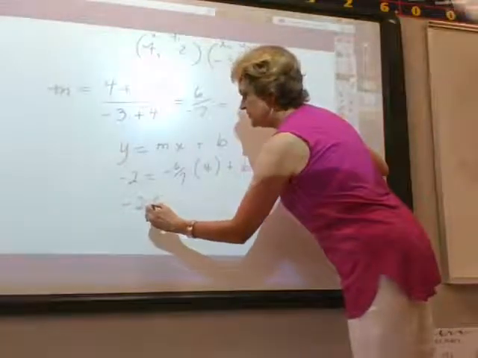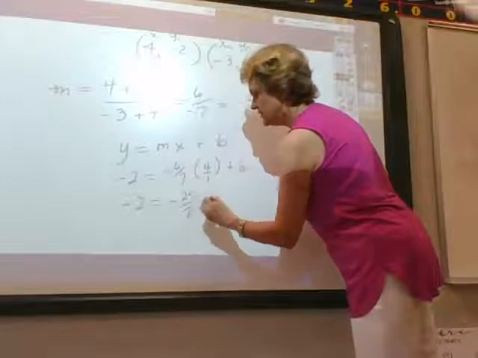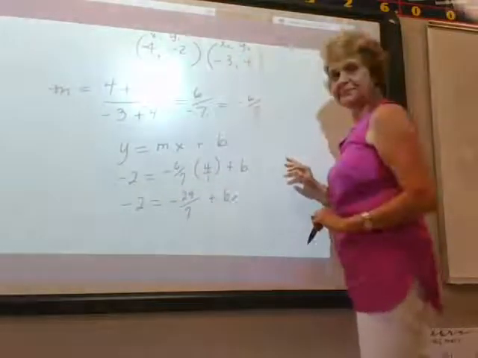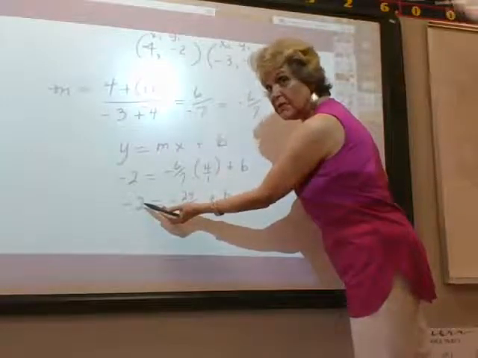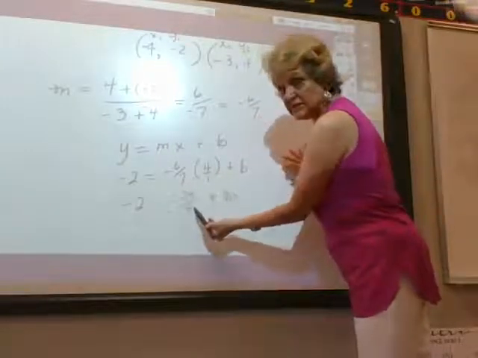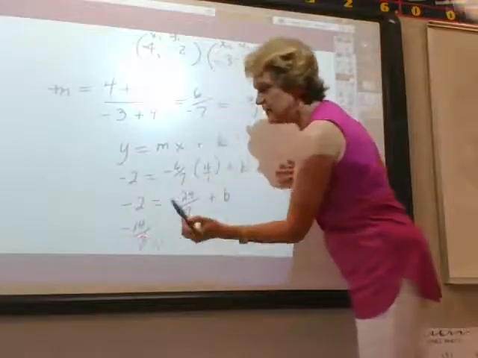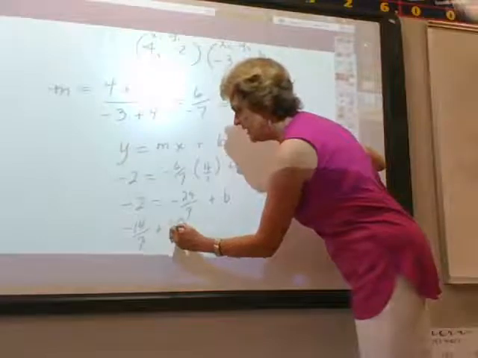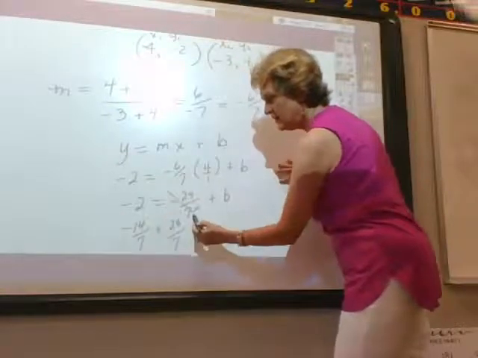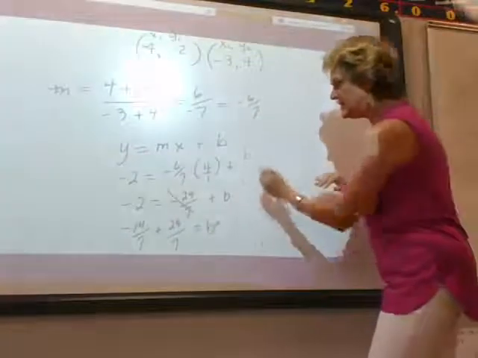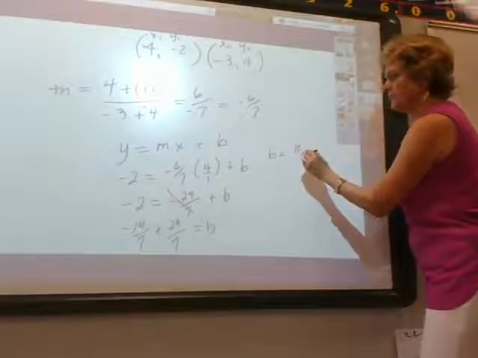So negative 2 equals negative 24/7 plus b. So here again, I'm going to convert 2 over 1 into something over 7. So yes, it is negative 14/7. Very good. Almost heard you all saying that. I'm going to add the 24/7 to both sides to get rid of it here. And so my b is 10/7.